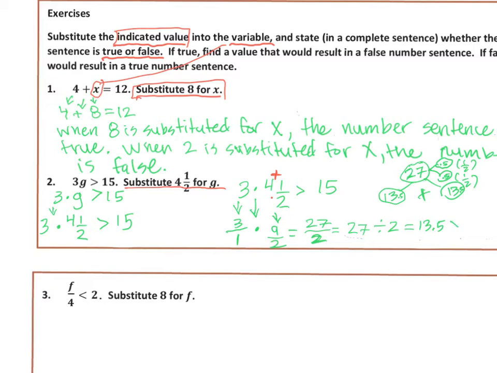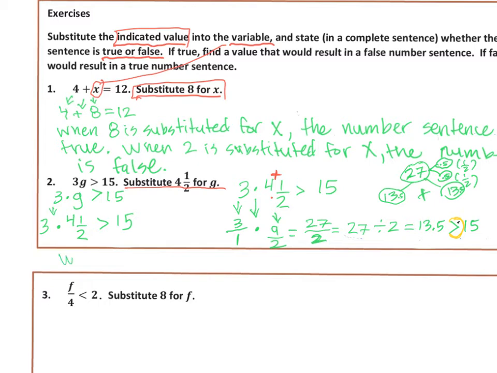So the answer would be 13.5 is greater than 15. The Pac-Man is eating the one that's supposed to be bigger, but as you see, is 13.5 bigger than 15? I think not.